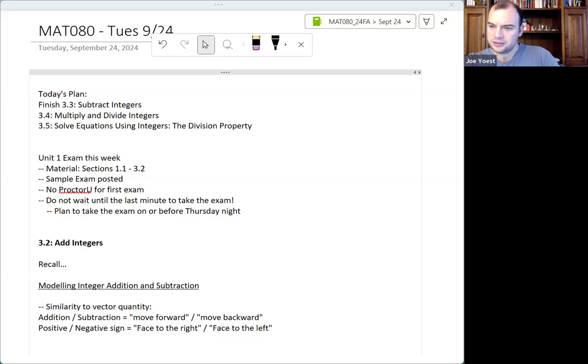Yeah, it looks to me like the sample Unit 1 exam is available from Monday, August 19th, so basically the beginning of the course through Sunday, September 29th. So I think it should still be visible.